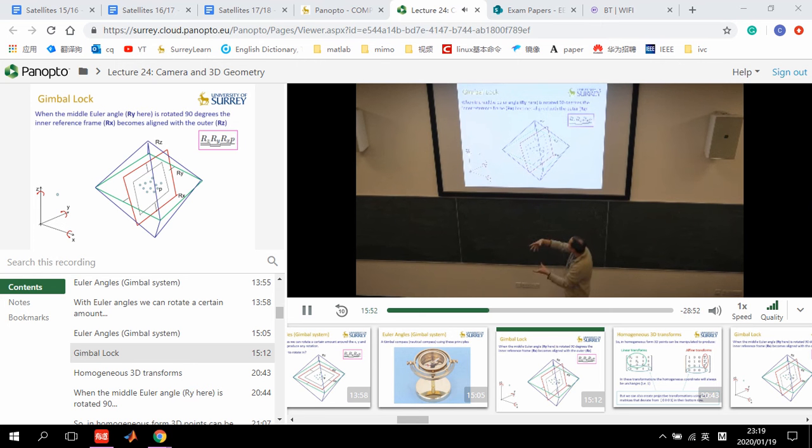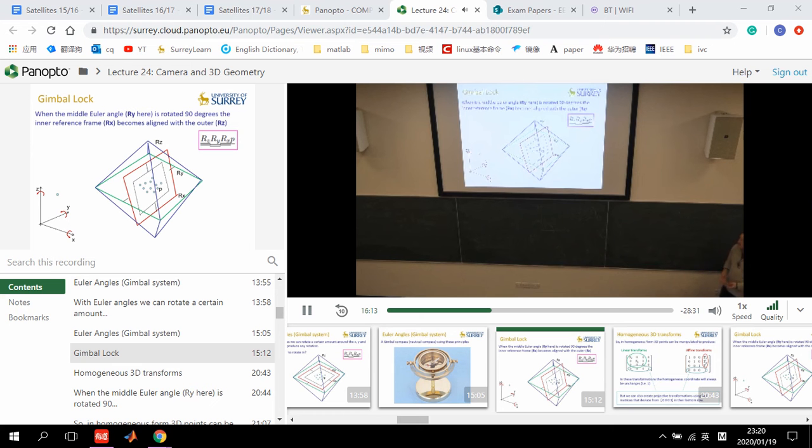I've spun that red frame so that its two pivots line up with the pivots of Rz by rotating 90 degrees around the green pivots, the Ry. Does that make sense? You see what's going on here? Just spinning that so that those two lines line up with the Rz.